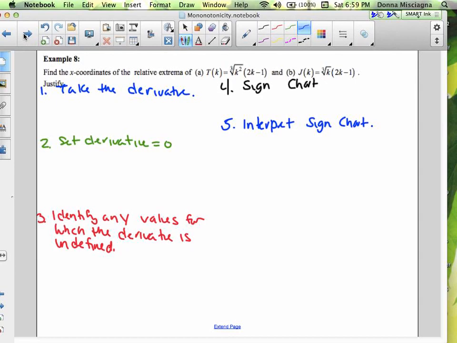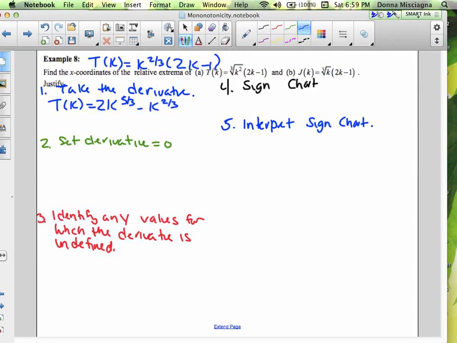All right, so t of k is k to the 2/3 times 2k minus 1. If we distribute, 2/3 plus 3/3 is 5/3. So t of k is 2k to the 5/3 minus k to the 2/3.